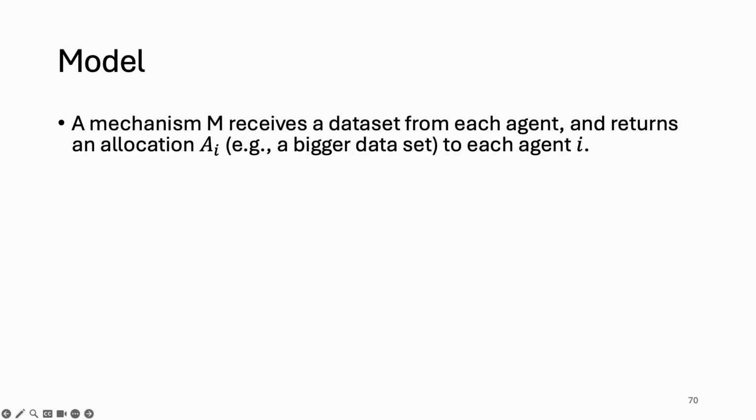So we model the mechanism. A mechanism will receive a data set from every agent and then return an allocation to every agent. Here, allocation can be a bigger data set, for example, all the data from all the other agents sent to agent i as allocation.